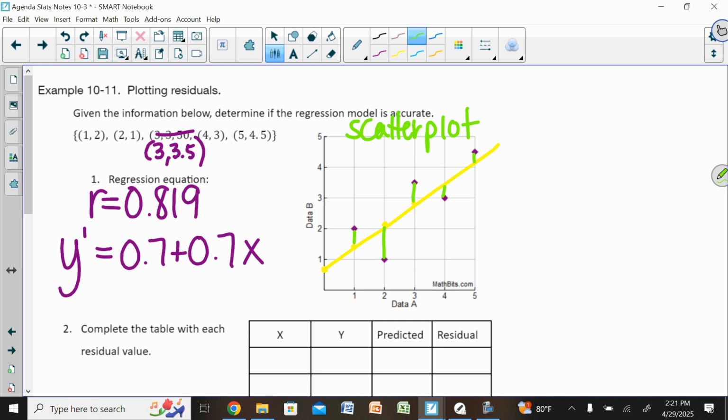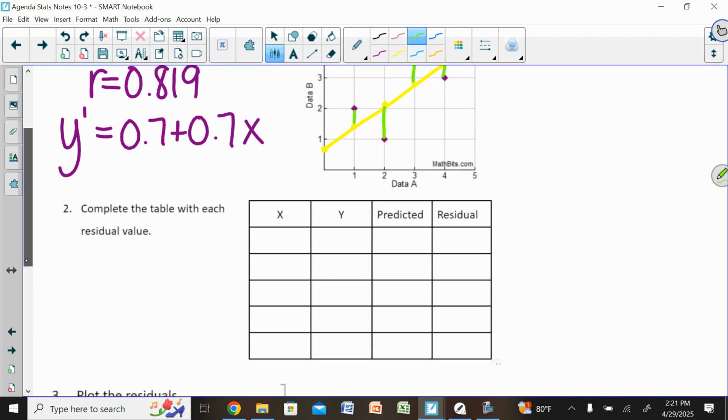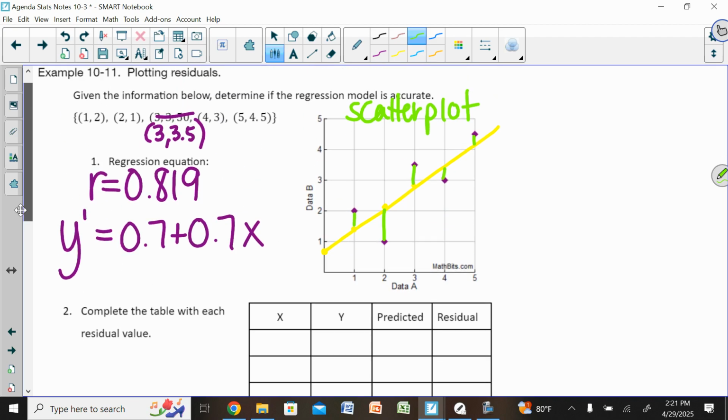So it says to complete the table with each residual value. So here's the thing. I'm going to type in my actual, I'm going to calculate my predicted, and then I'm going to subtract. Actual minus predicted will give us residual. So I had to know this regression line in order to do this problem.